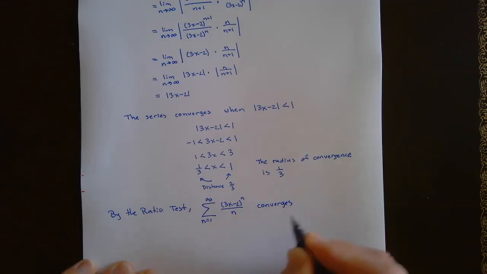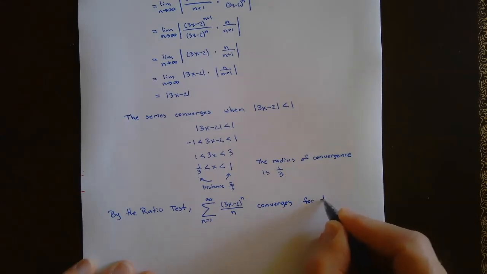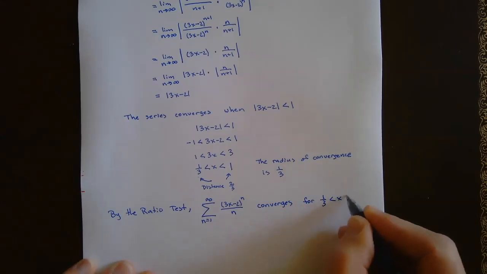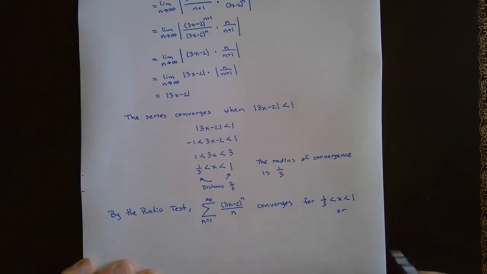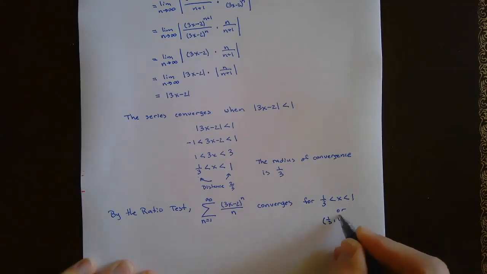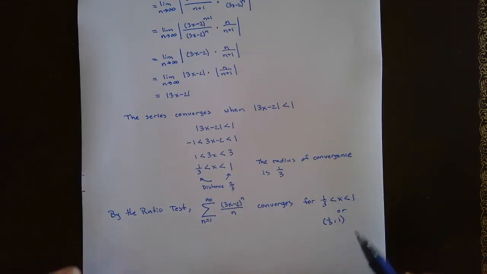So it does converge, but it's for 1/3 is less than x is less than 1. Or you could also write this in interval notation, as 1/3 comma 1. You could write it either way. Inequality, interval notation, same thing. So that's part A.